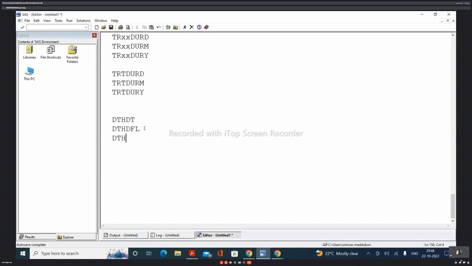Then we are going to have DTHREAS, reason for the death. DTHCAUS, cause for the death, or death cause. Then we are going to have DTHCAUSN. Now the response is going to tell you if it is a cardiac arrest, 1; if it is a respiratory problem, 2; if it is gastrointestinal, 3; if it is cancer, 4; anything other, 5; unknown, 6. He will give some numerical values based on the condition. We are going to create a numerical variable, death cause N. Then we are going to create DTH death cause group-wise.